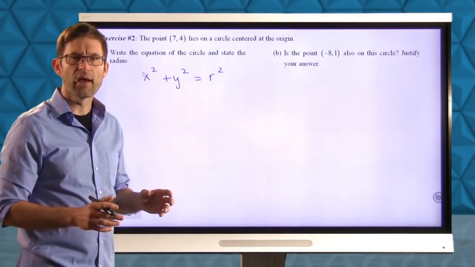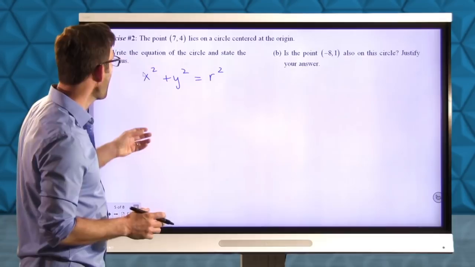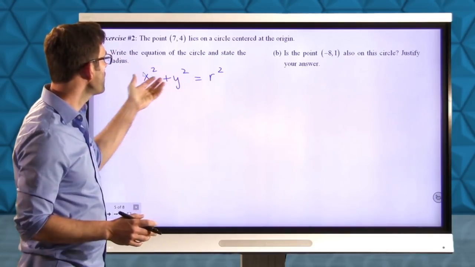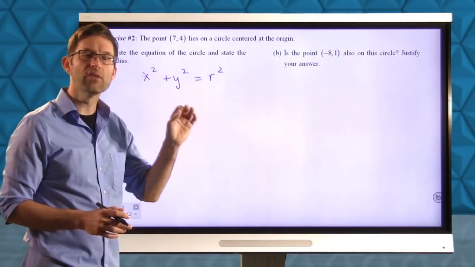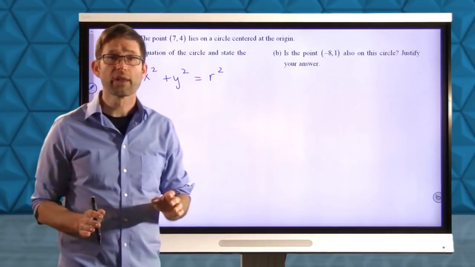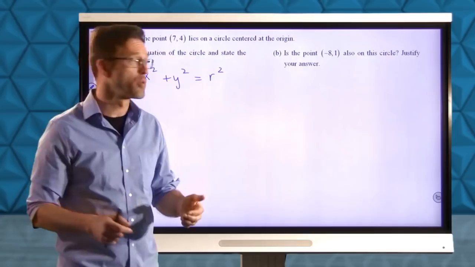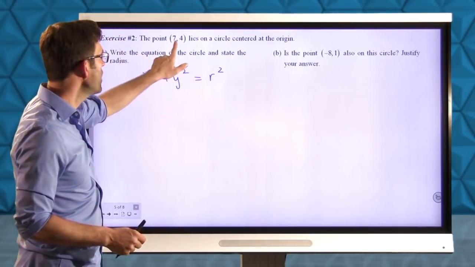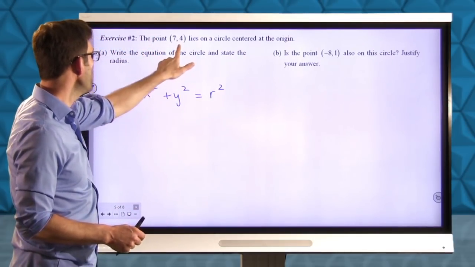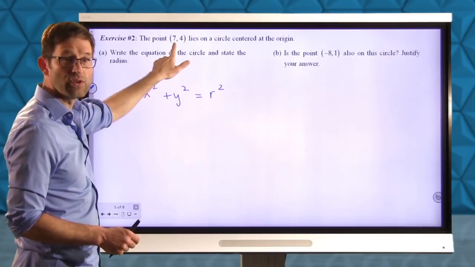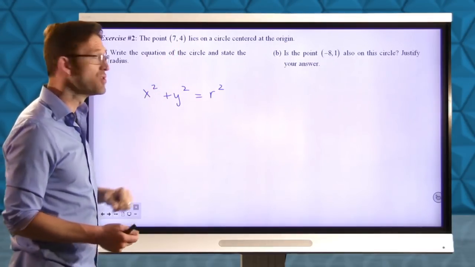So really, the question then is, how do we figure out what the rest of this equation is? And we can do that by an old trick that we saw back in Algebra 1 and that you'll use a lot as you move through mathematics, which is that we know that this point lies on the equation of the circle, so we can substitute it into the circle.